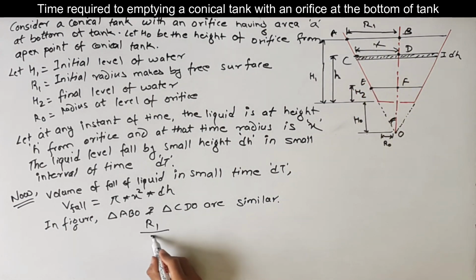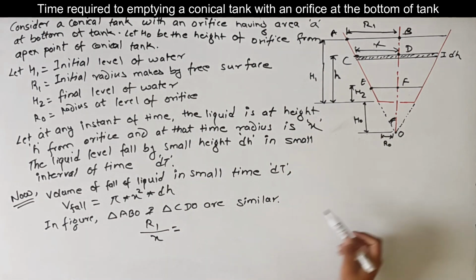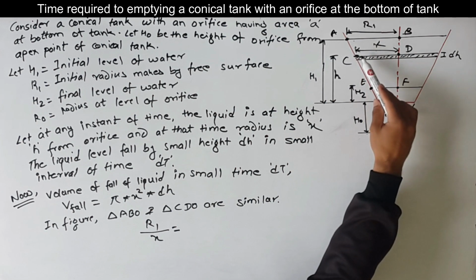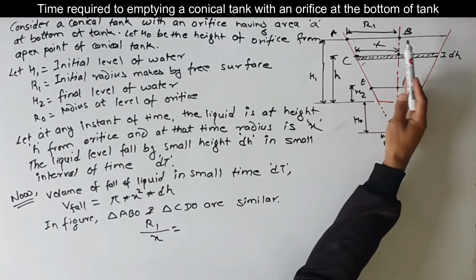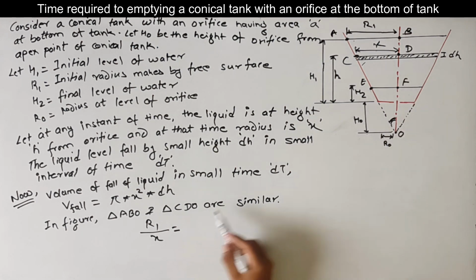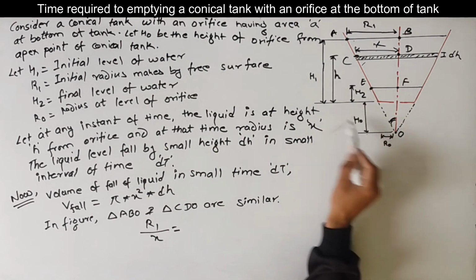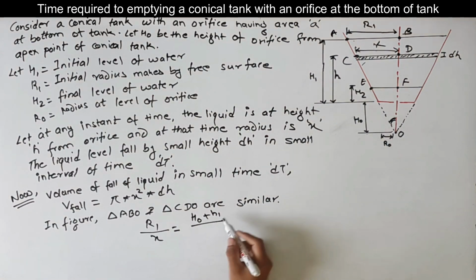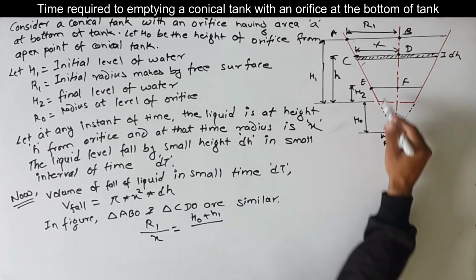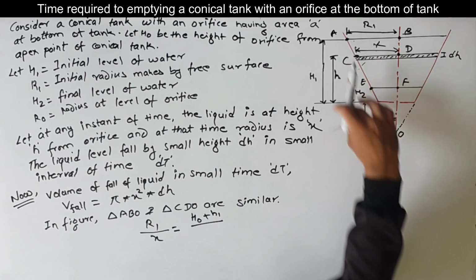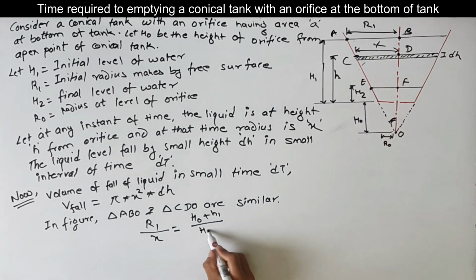R1 upon x is equal to, and we have this angle also equal, so we can take the ratio of sides BO and DO. This BO is equal to S0 plus S1 in the upper triangle ABO, and in the triangle CDO the height is S0 plus small h.